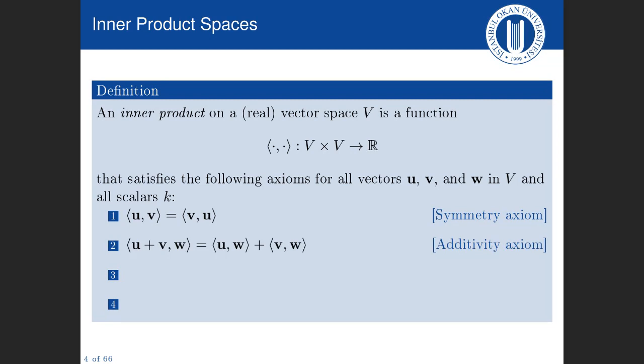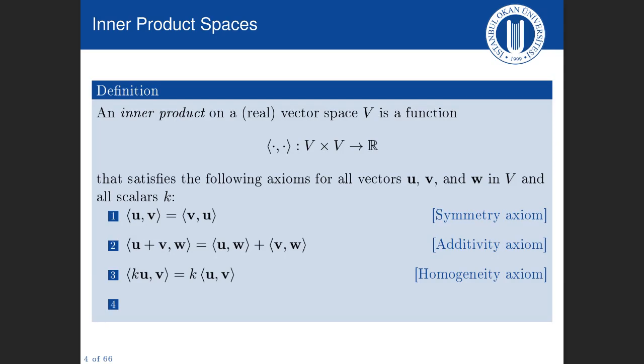If we have two vectors added together in the first position, we can always cut there. We can always imagine just taking a pair of scissors and cutting at the plus, and we can cut this into two different inner products: the inner product of u and w plus the inner product of v and w. Rule number 3.